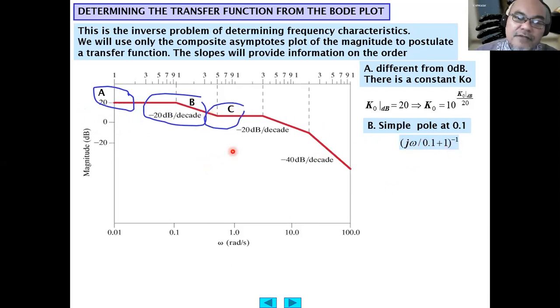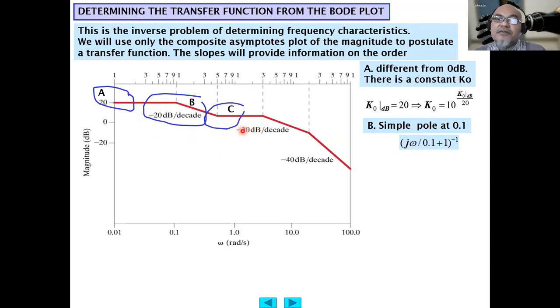Then we have another corner frequency. This one is 0.5 radian per second. This is compensating the minus 20 decibel per decade from the simple pole, and it becomes flat at 0 decibel.